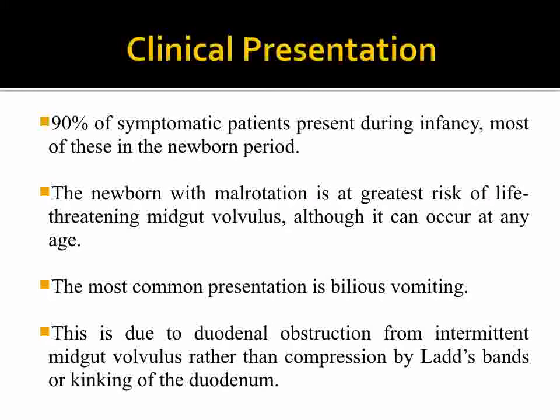The most common presentation, as in duodenal obstruction, is bilious vomiting and less marked abdominal distension. Marked abdominal distension indicates the occurrence of volvulus, where the midgut twists and many of the loops become dilated.